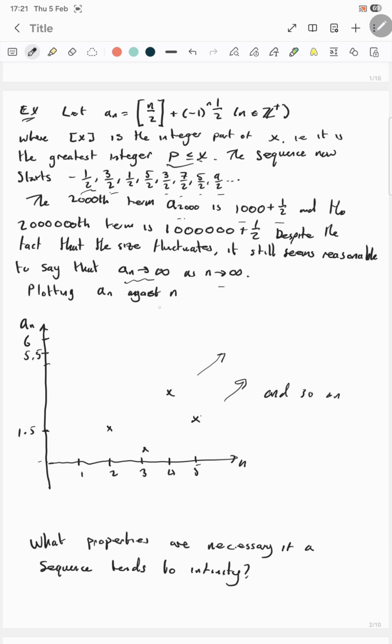Now, if we plot a_n against n, as it increases with n, we get a graph as such, with our points going in this kind of direction. Now, what properties are necessary if a sequence tends to infinity?